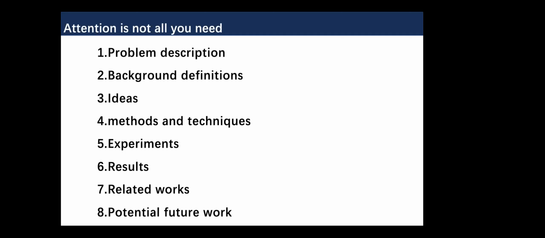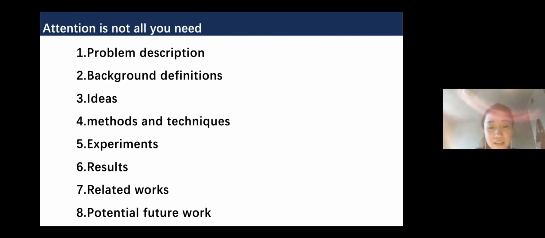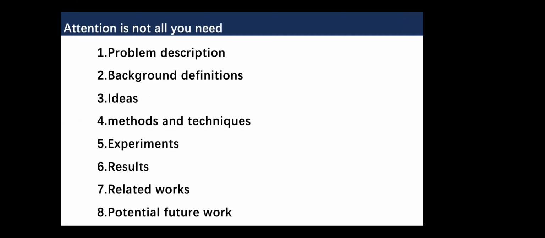And then we will go into details of the methods and techniques talked about in the paper. The paper also gives us 3 experiments to show the phenomena they describe, and also gives us the results of the paper. And then also some related works and potential future works.